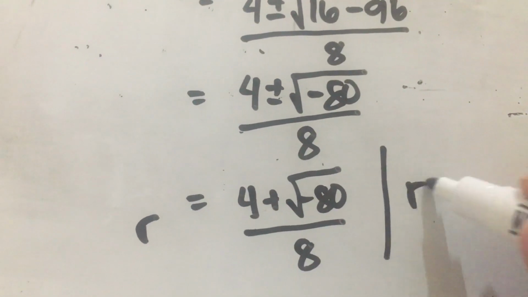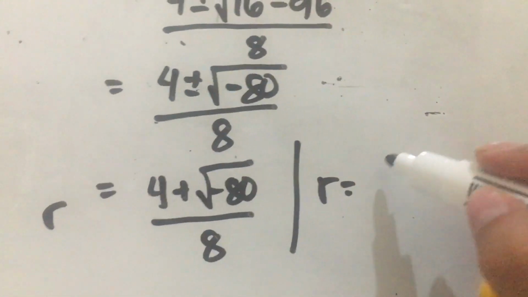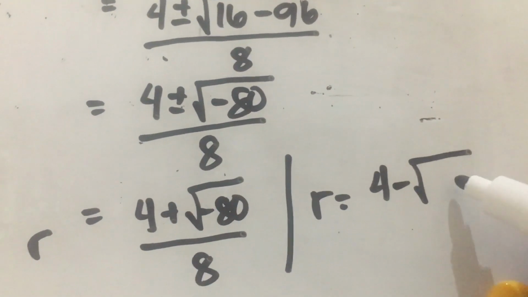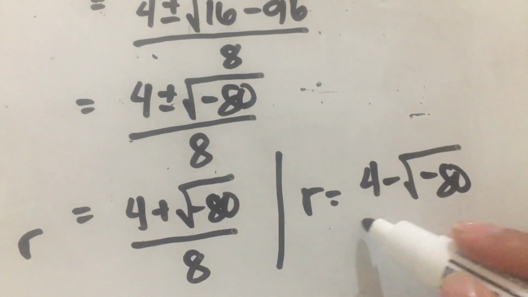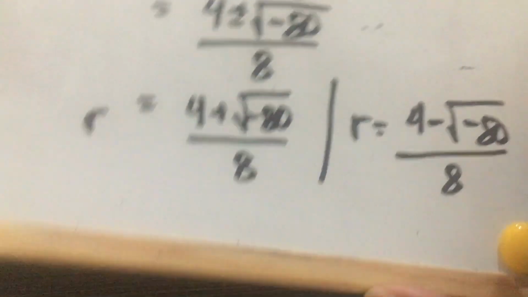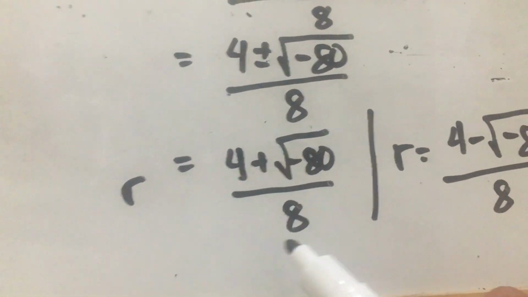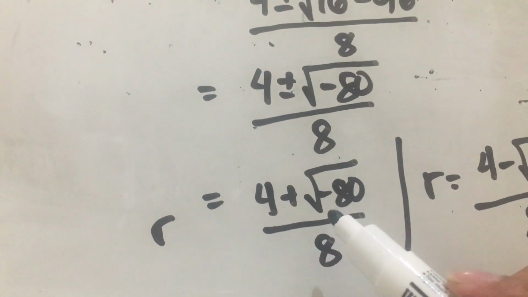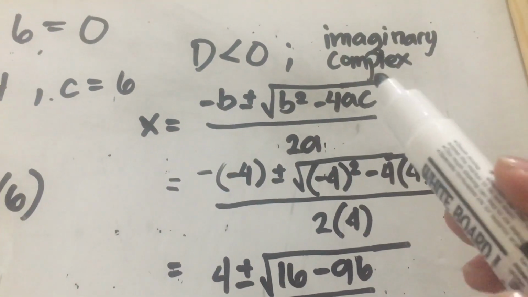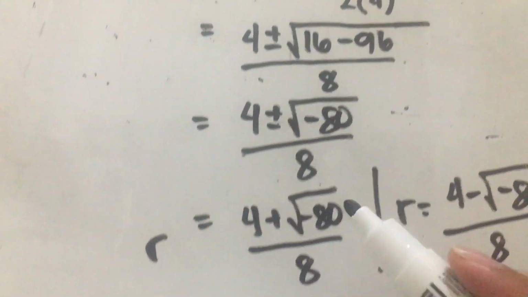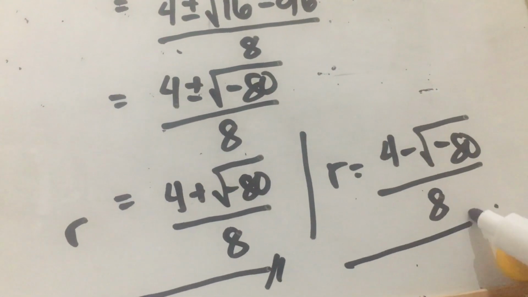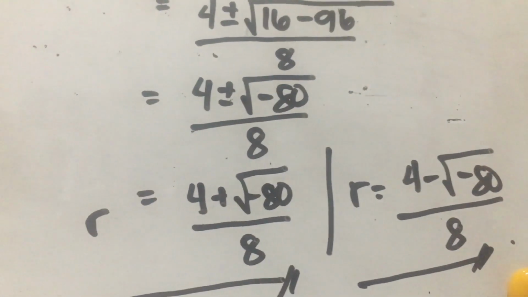Our second root is 4 minus the square root of negative 80 over 8. If you observe our final answers, there is a square root of a negative number, and that is what we mean by imaginary or complex numbers. So our final answer is already correct.